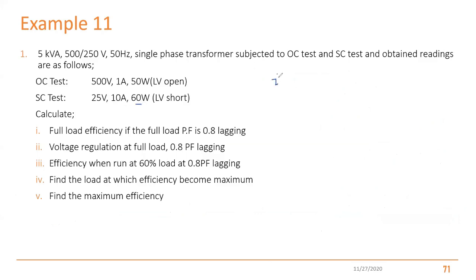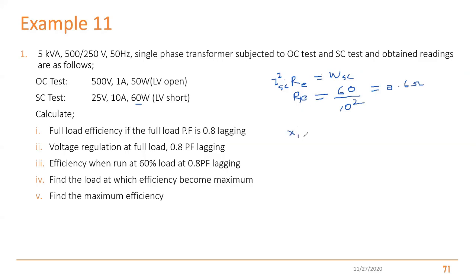Therefore, I can write I squared RE at short circuit condition should be equal to this power. From that, I can calculate R1E referred to primary as 60 divided by 10 squared, which is 0.6 ohm. Then I can calculate the impedance using the earlier derived equation.